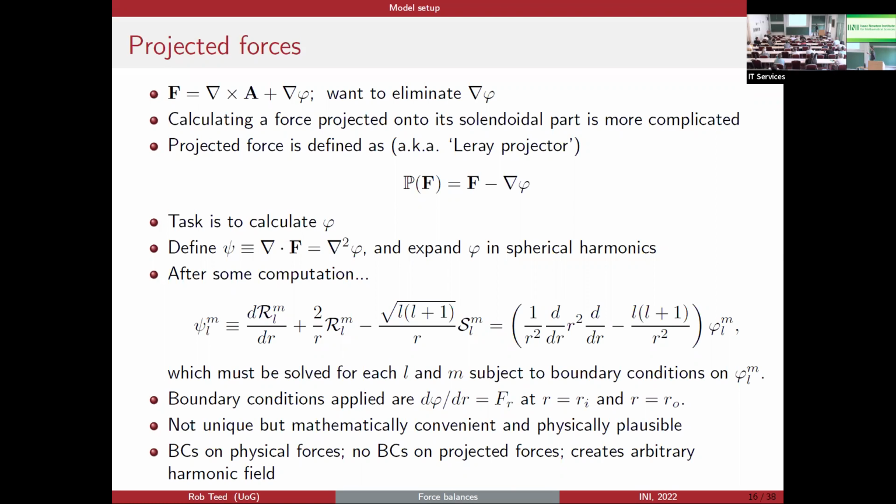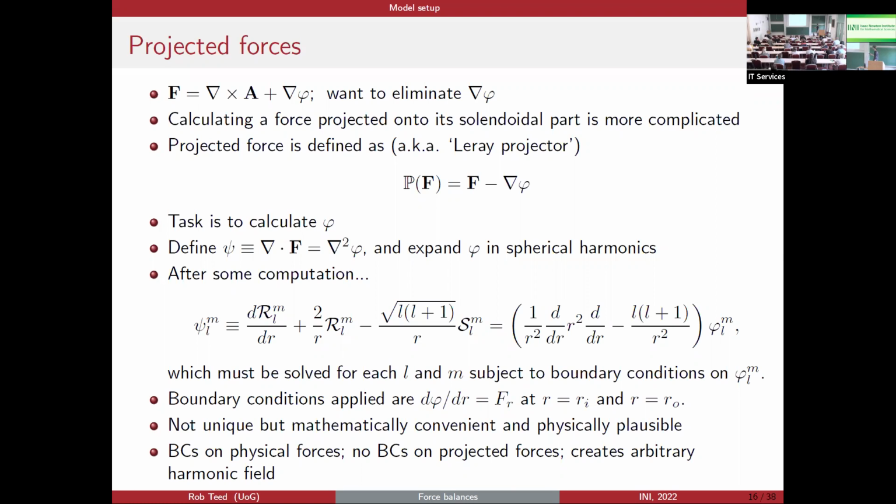So this is a bit like what they do when they find the ageostrophic Coriolis force. But of course, finding the ageostrophic Coriolis force assumes that the pressure gradient is exactly equal to the gradient part of the Coriolis force, which won't be the case. So here we're finding the gradient part of each force and removing it from the overall force. It takes some mathematics to calculate this, but effectively you can calculate this by taking the divergence of the force.